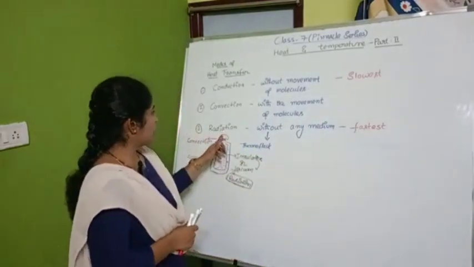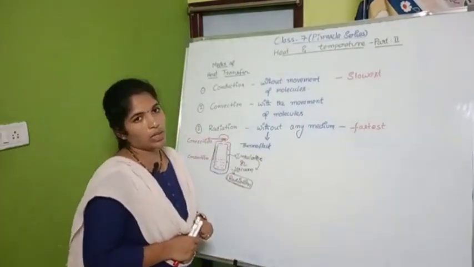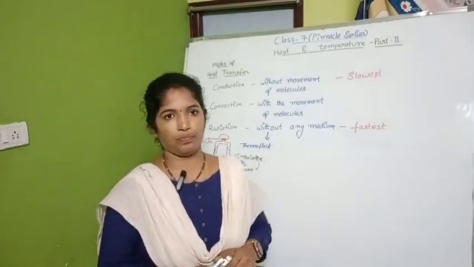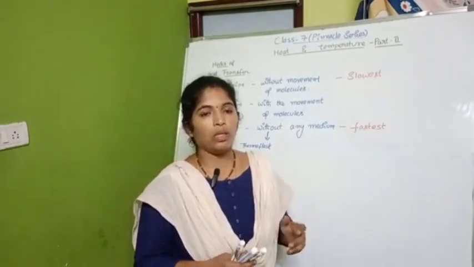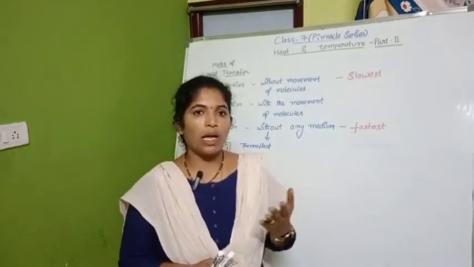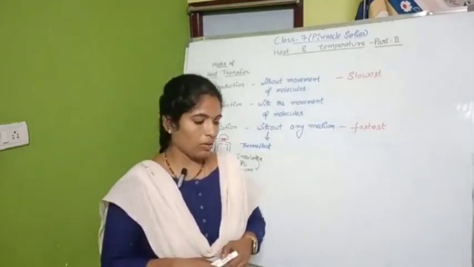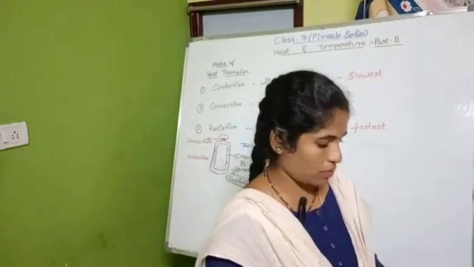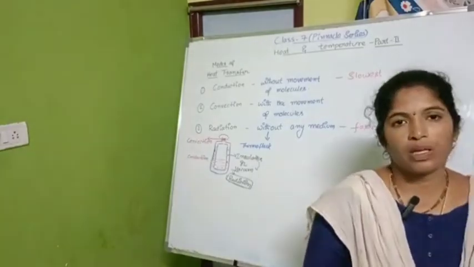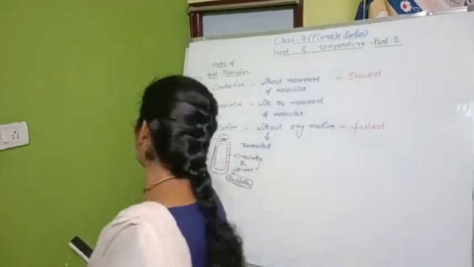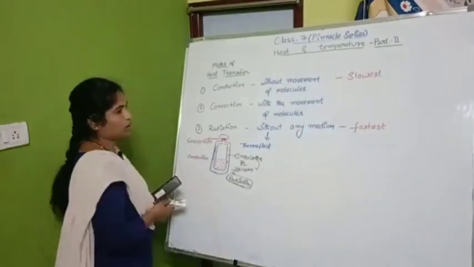And the best example of radiation is solar energy. Whatever light there is also carries heat energy. That process is radiation. With or without medium, it will transfer heat from the sun to the earth.